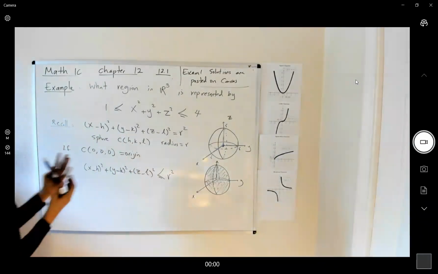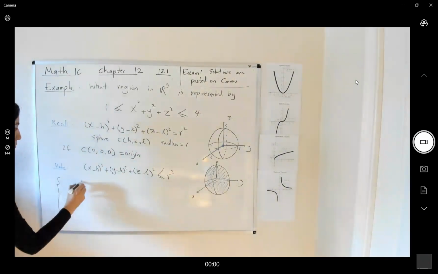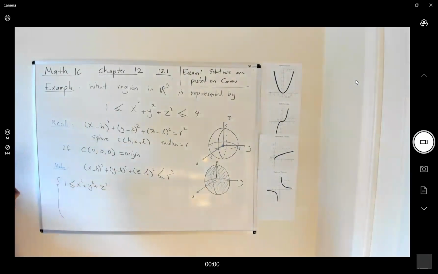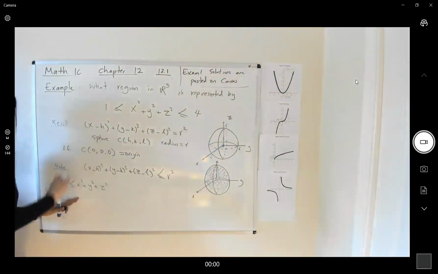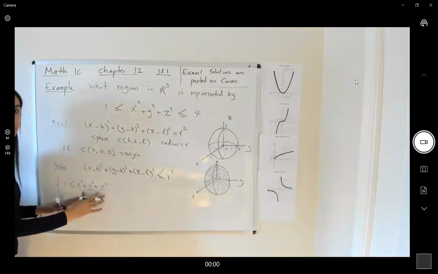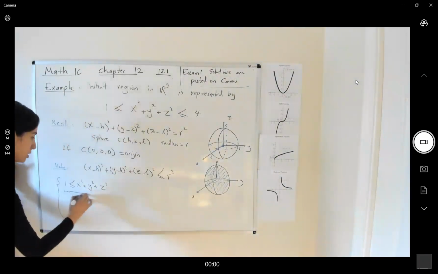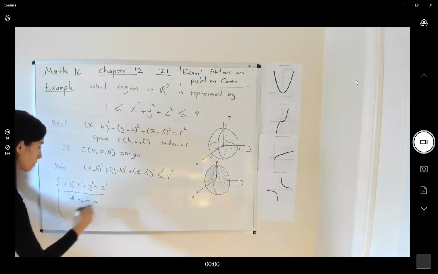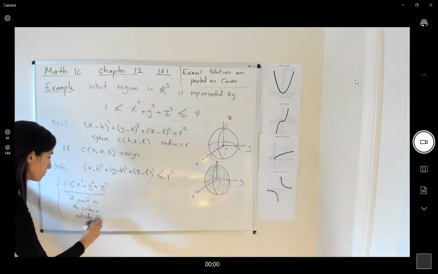Okay, now you can just work with these. When you're talking about x² + y² + z² greater than or equal to 1, you're talking about all points outside or on the surface of the sphere centered at the origin with radius 1. So all points on the surface or outside the sphere.